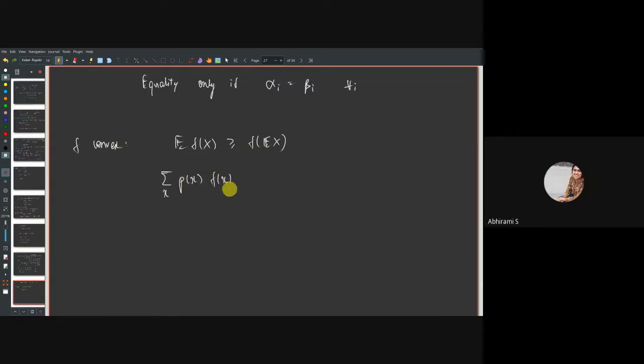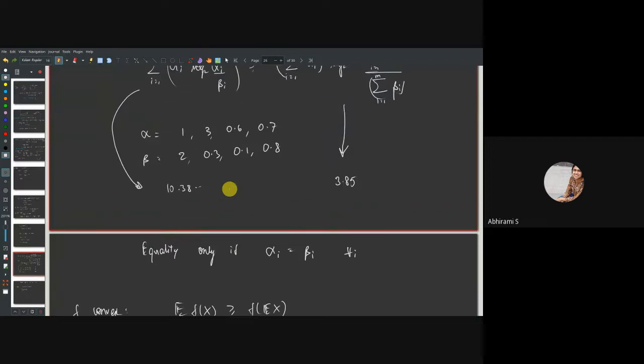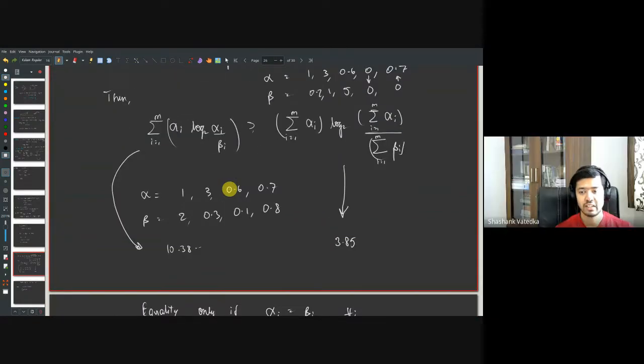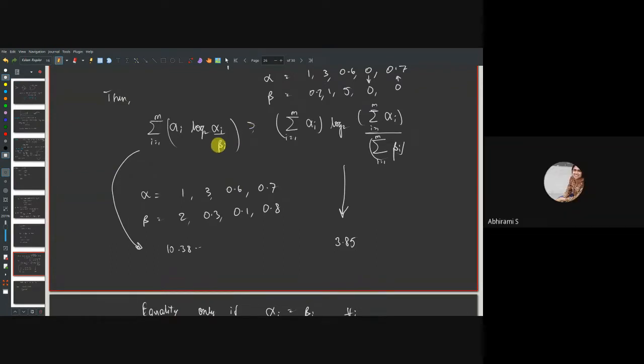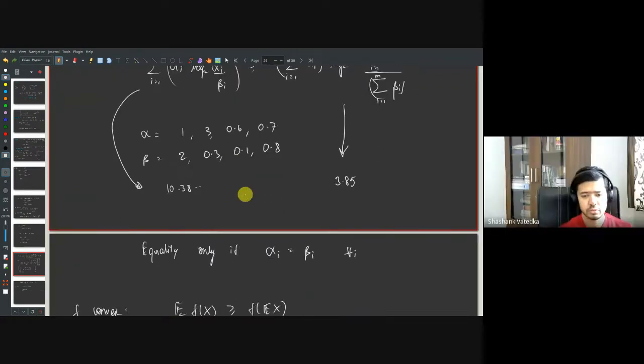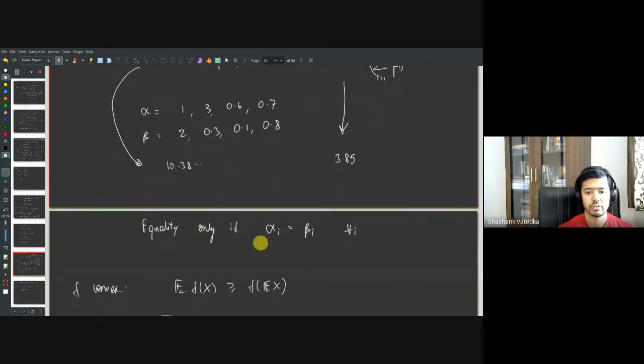If all the alpha i's are equal to beta i's, it becomes 0 on both sides, since the log is 0. So that is the only case? Okay, this is not the only case. In fact, it's a good point.